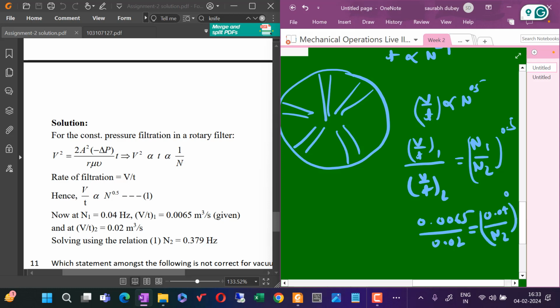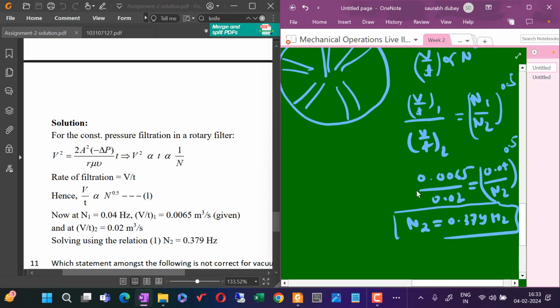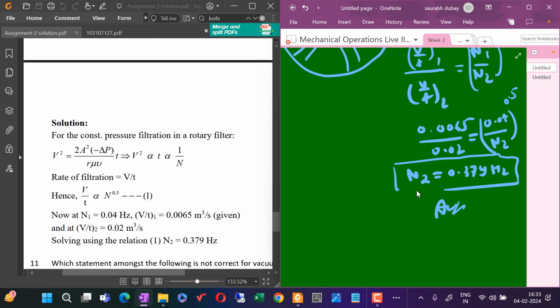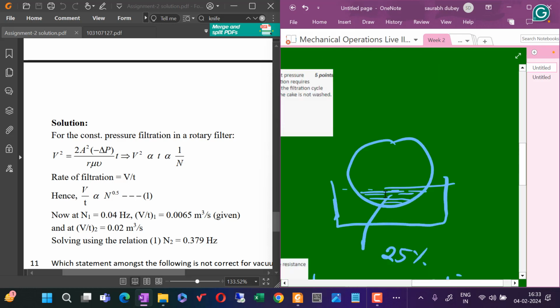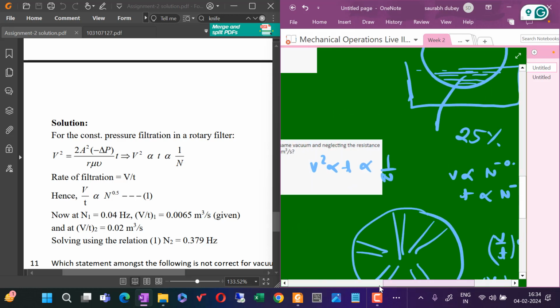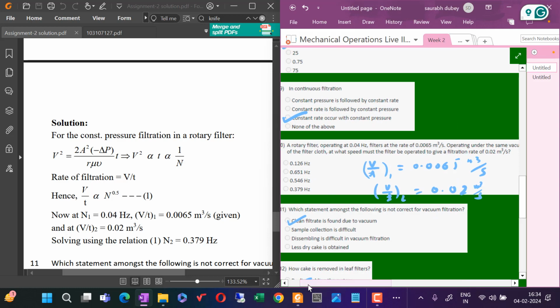When you solve it for n2, you will get 0.0379 hertz. Okay, so that is the correct answer, 0.0379 is the correct answer for this.